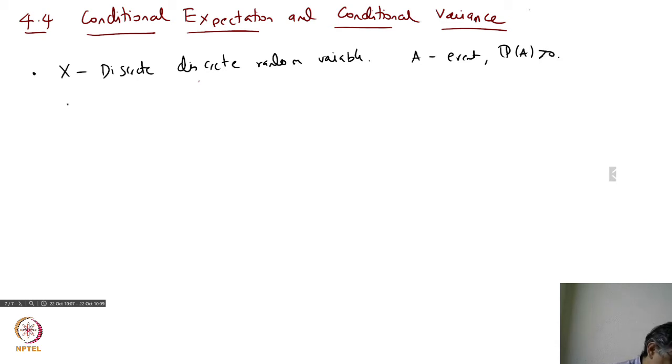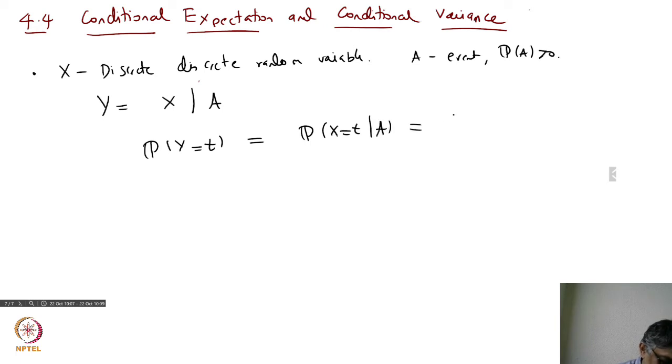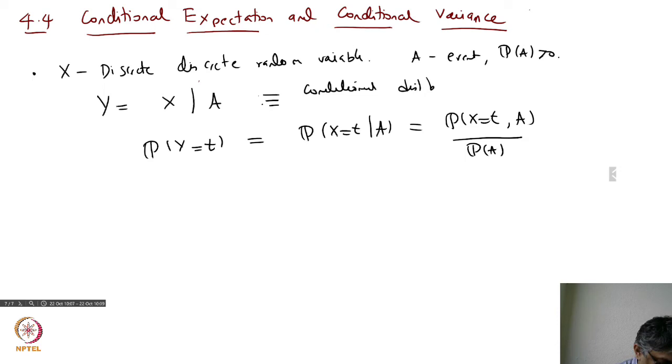We knew that if Y was the random variable X conditional on the event A, the probability of Y equal to some number t was given by the probability of X equal to t given A, and that's the same as the probability of X equal to t and A, divided by the probability of A. This is what we called the conditional distribution of X given A. That's how we define this whole idea.